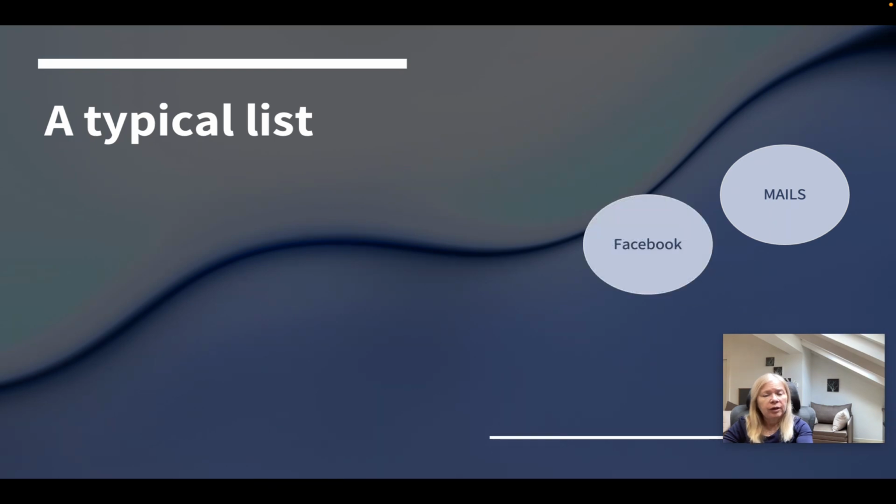A typical list of channels can include mails, yes, not new, but very, very popular, very, very useful. Facebook, yes, I'm also speaking about Facebook because mainly we think about it in association with our friends, how we speak with our friends, with our acquaintances, people who we know, sometimes in professional terms, but with the outside world.